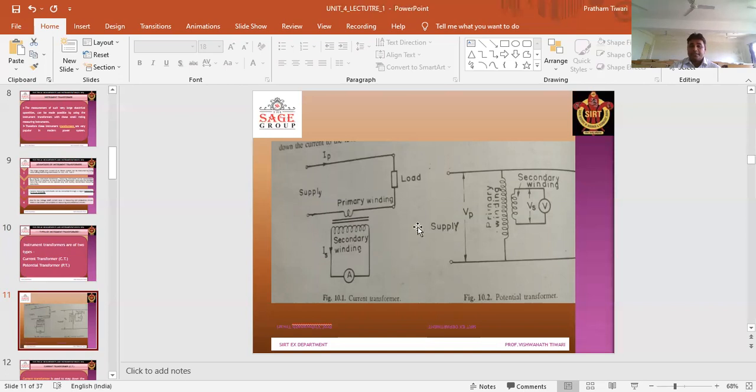In the case of the potential transformer, the primary is connected to the power circuit and all the measuring instruments are connected on the secondary side of the potential transformer. This is the arrangement for current transformer and potential transformer.